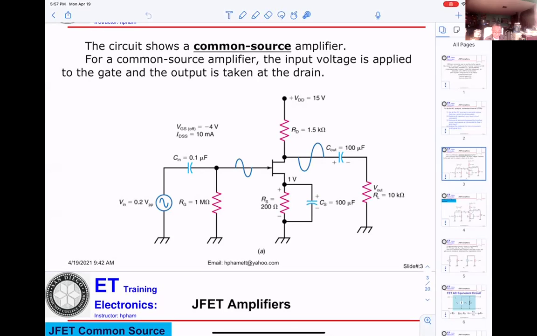If it were a fixed bias, that means you are supposed to get a negative voltage here, right? That would be a fixed bias. And voltage divider bias is easy to recognize.